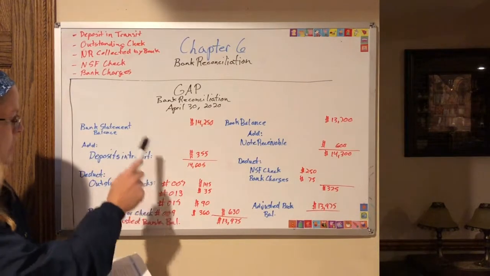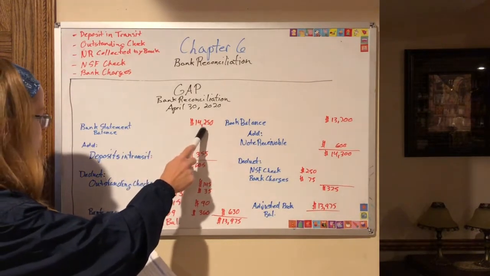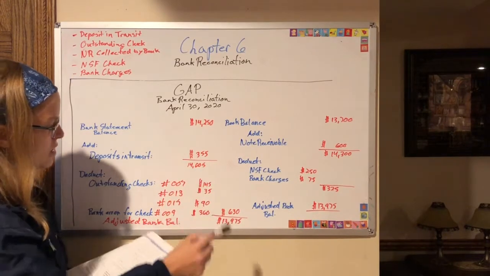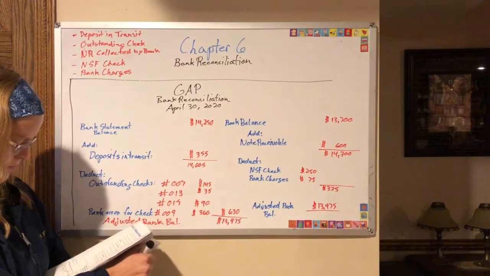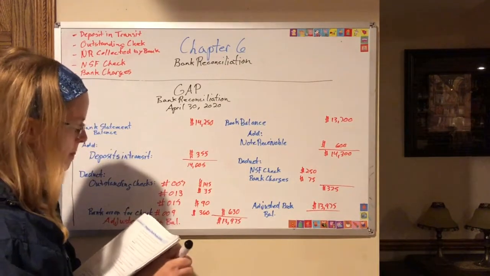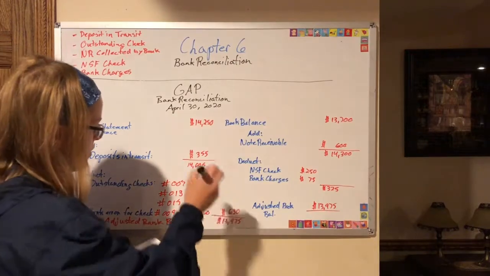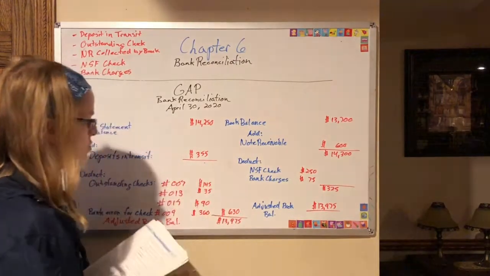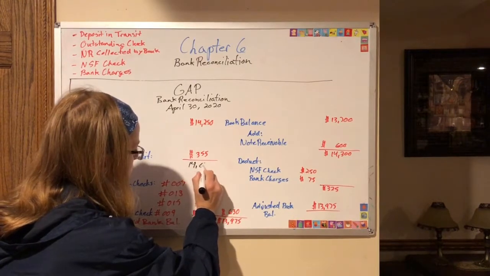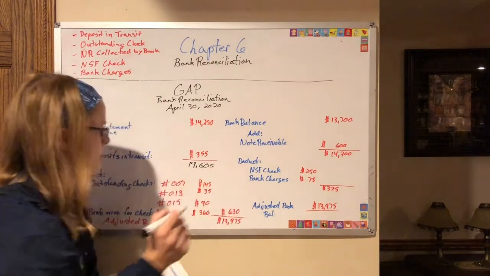we tally all these together. So we take this from this, we add this to get $14,605. Sorry, this 6 looks bad. $14,605.